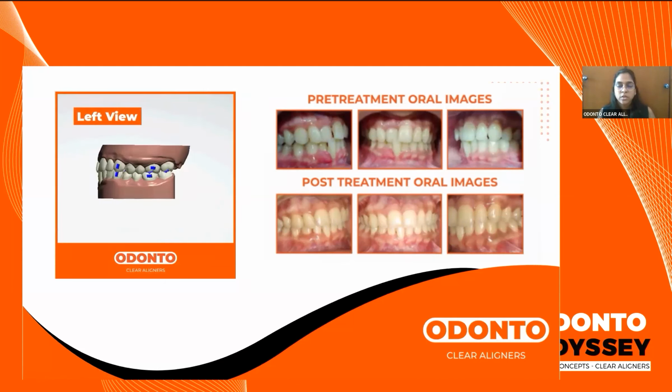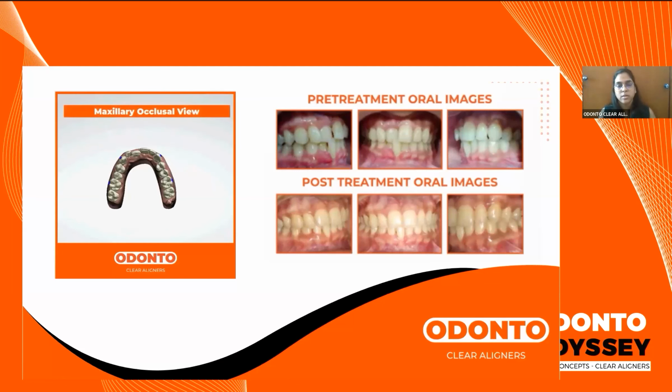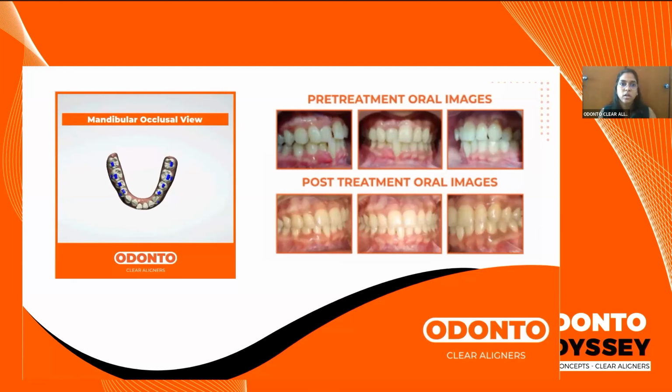If you have posterior crossbites, those can go into your moderate categories. Anterior crossbites, which are limited to either 1 or 2 teeth, are very easily corrected and can work out in few sets, up to 20 in a mild category. So these are the bite ramps that I mentioned previously. Though they appear as attachments, as a practitioner, you do not need to place them.